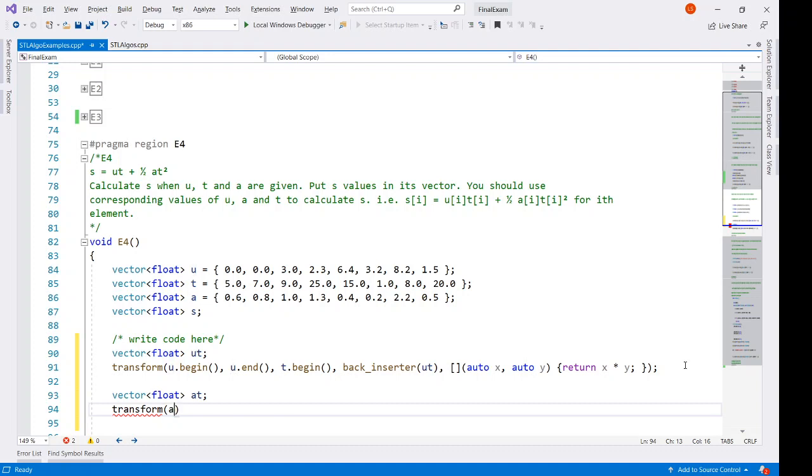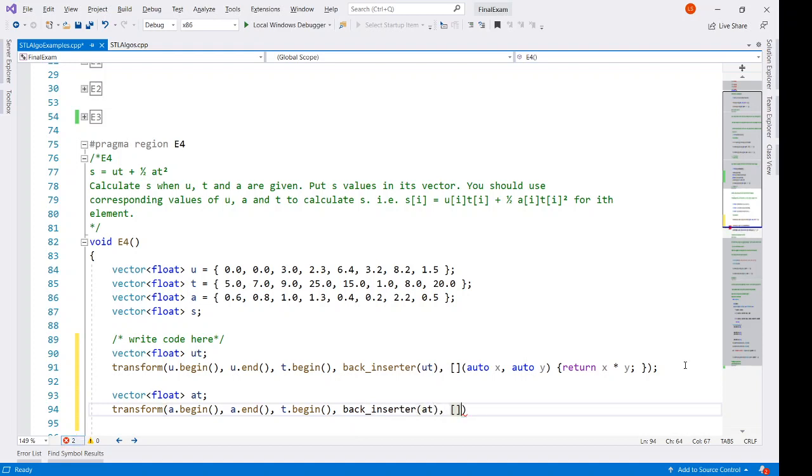So we need the whole a vector, the beginning of t, and the end of t is already assumed because it will take the same index as a, and we want to store the values in at.